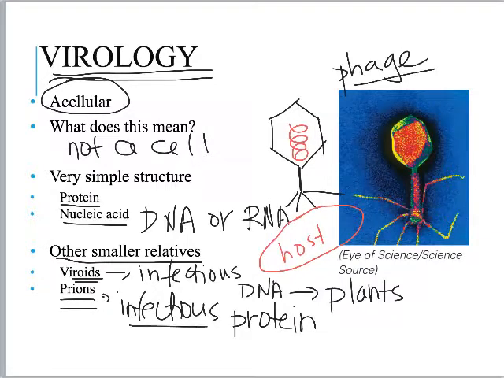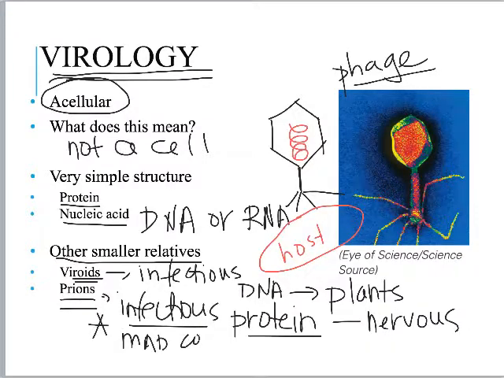Okay, and these are really nasty organisms. They're really, really hard to kill. They're almost impossible to get rid of. They infect the nervous system of animals. Okay, so one example of a prion infection is mad cow disease.